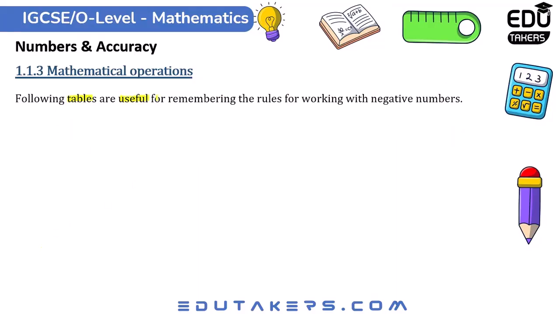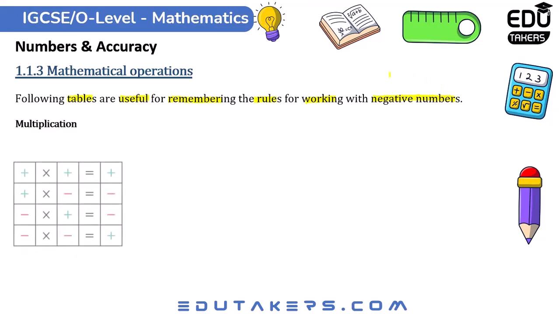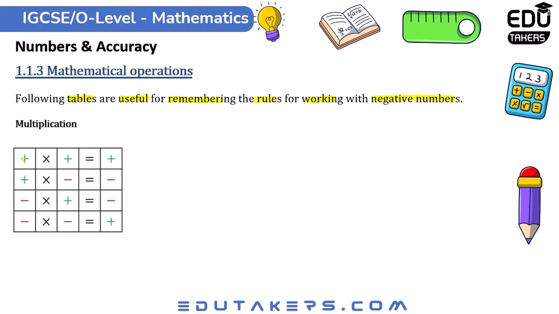The following tables are useful for remembering the rules for working with negative numbers. For multiplication, positive multiplied by positive equals positive. Positive multiplied by negative equals negative. Negative multiplied by positive equals negative. Negative multiplied by negative equals positive.